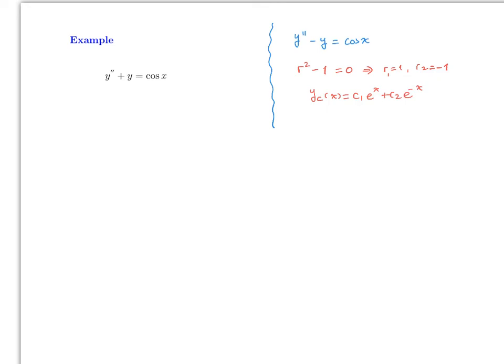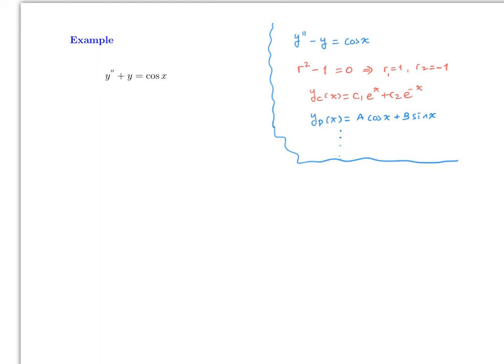Then the particular solution, in this case, will be a cosine x plus b sine x, like I just told you in the previous page, and then you just keep going, okay?